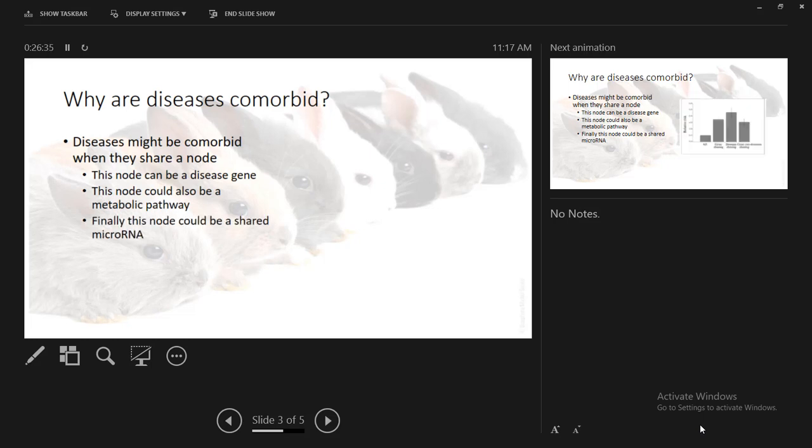And then finally, the node that they're sharing could be a microRNA. MicroRNAs we've talked a little bit about in this course, but not in a while, so I wanted to remind you of what these are. These are regulatory RNAs. These are RNAs that are transcribed from regions of the genome that never get translated. They're non-coding genes.